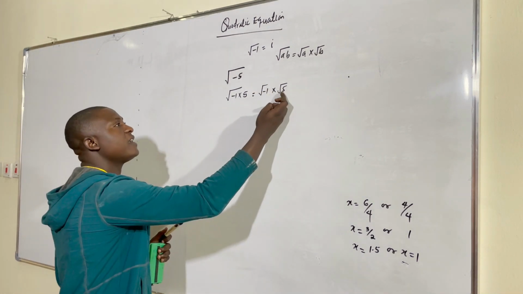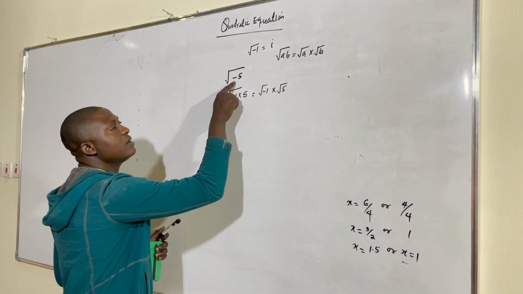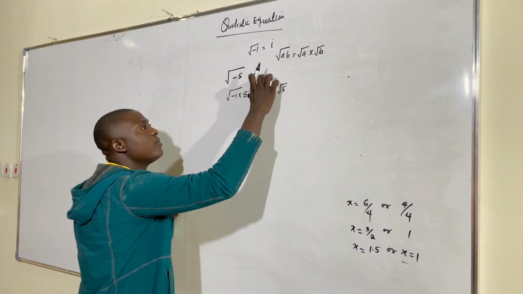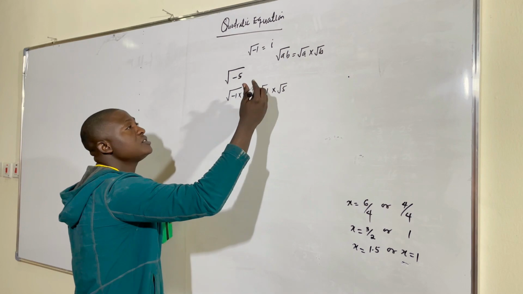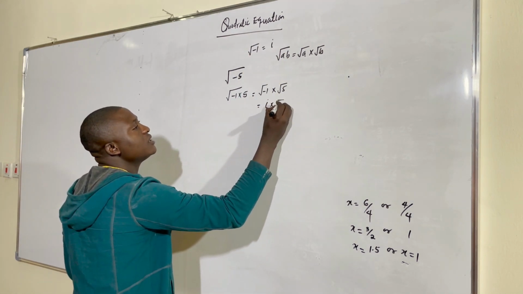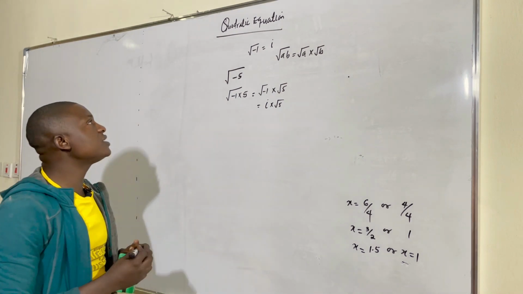You can see if I multiply 5 by minus 1, of course, I will have minus 5. So as I told you earlier, if you have square root of minus 1, in some cases they use j or i. Here I can write this one as i times square root of 5, then you can evaluate your results. So please take note of this.